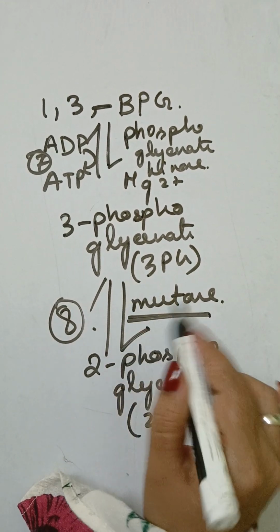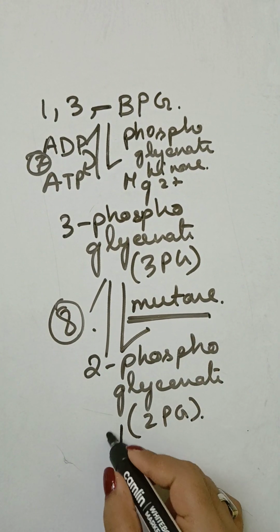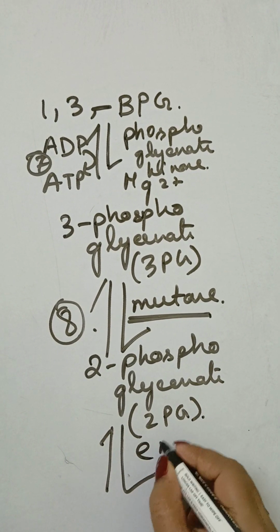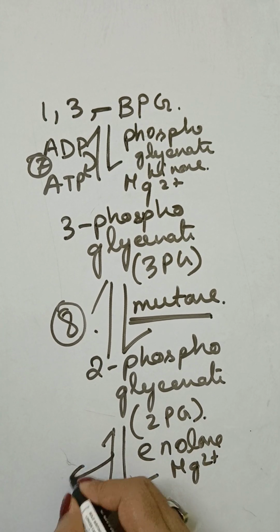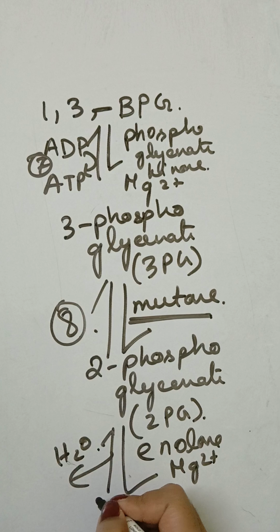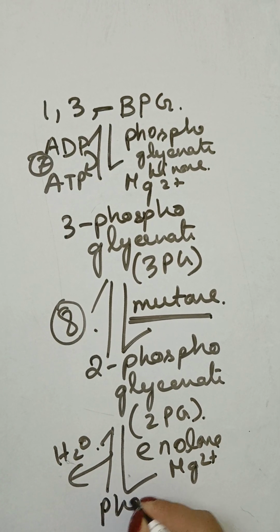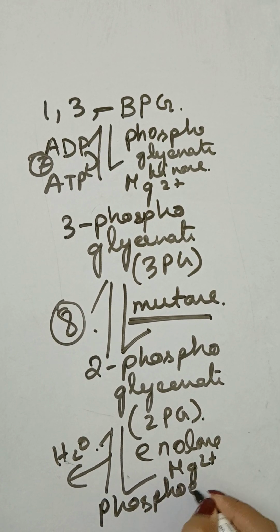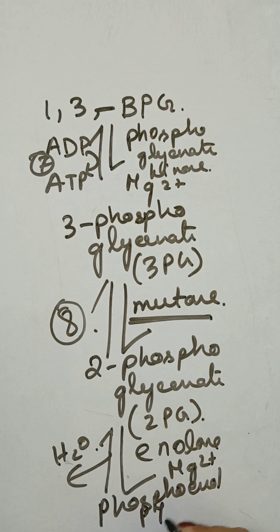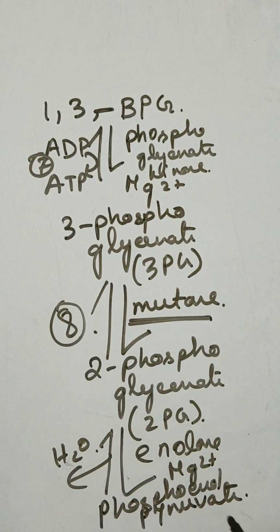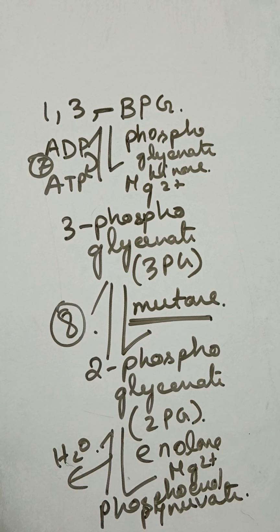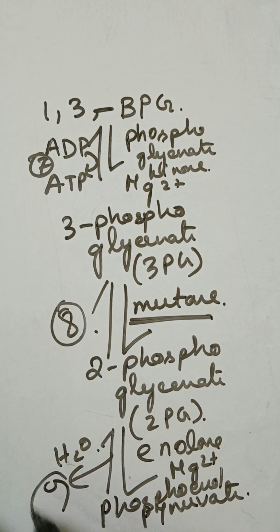It is also a reversible reaction. The 9th reaction is with the help of enolase and Mg2+ cofactor, and one water molecule will be removed. It will give rise to phosphoenolpyruvate.